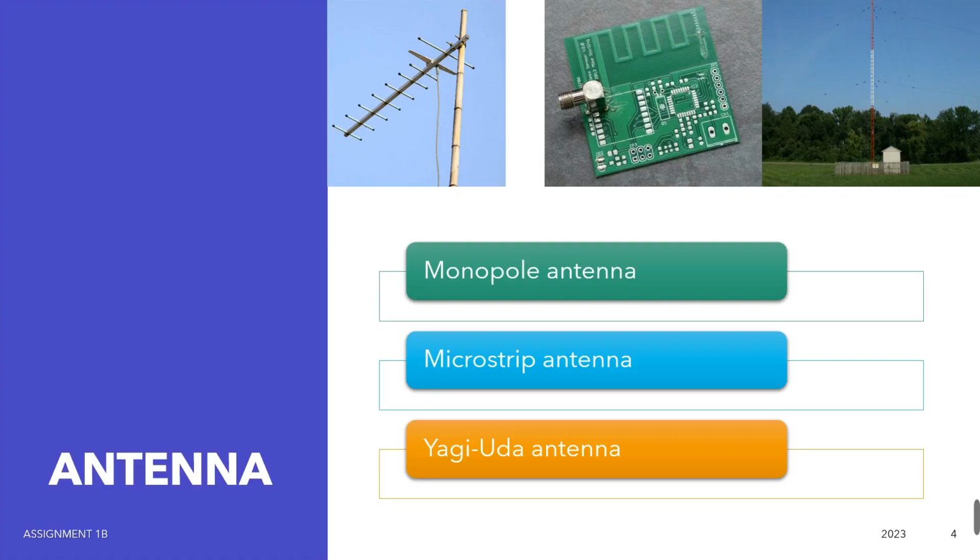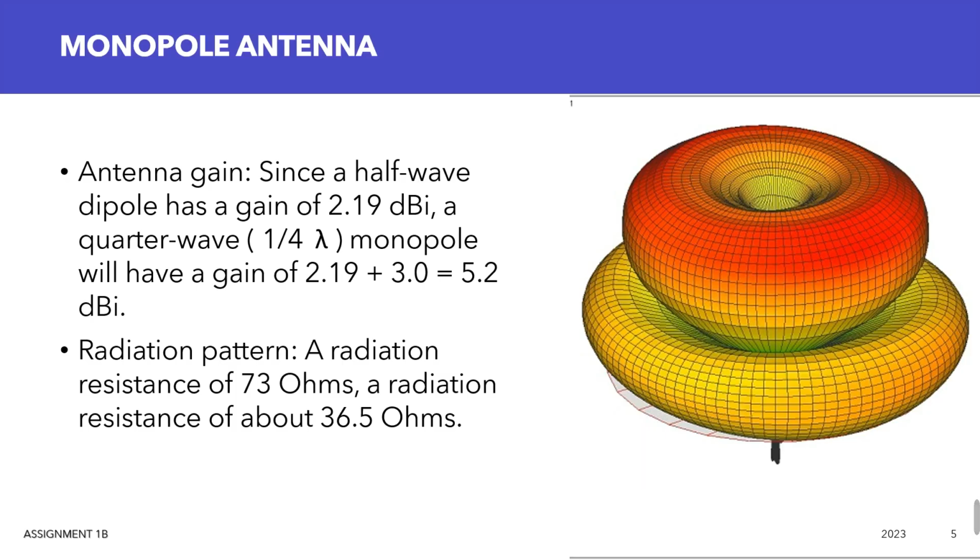In this assignment 1B, I have been using three antennas: first, the monopole antenna, second, the microstrip antenna, and the third one, the Yagi-Uda antenna. First, the monopole antenna.